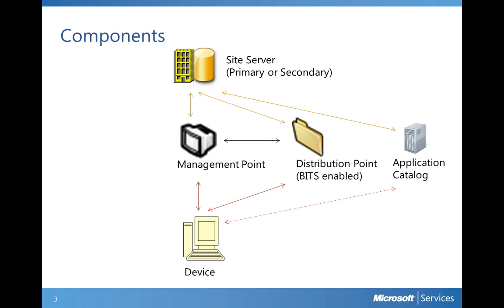So in that scenario, when the device learns that there is a pending deployment in the future that will be mandatory, that device at that time will immediately begin to try to download the content. The ultimate execution for any content, unless you use run from DP, will be to execute it locally from the disk.